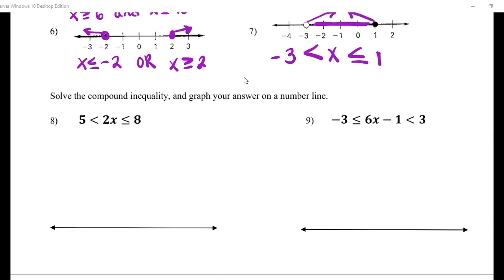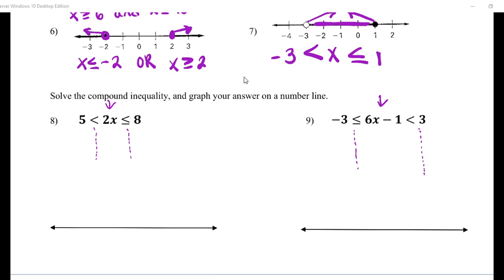For "and" inequalities, our goal is to get x isolated in the middle. And because we have two inequality symbols, we essentially have three sides of the inequality. So what we do to isolate x in the middle, we have to do to both the right side and the left side to keep it balanced.